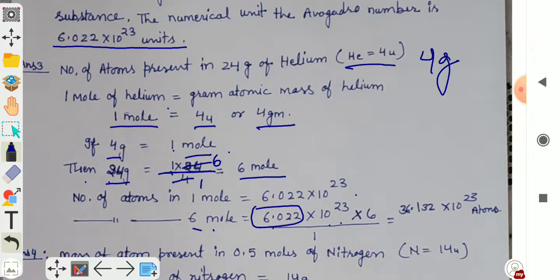So multiply 6.022 by 6. When we multiply by 6, we will get 36.132 and we will write power as it is, into 10 raised to the power 23. This will be your answer. So number of atoms in 24 gram of helium will be 36.132 into 10 raised to the power 23 atoms.